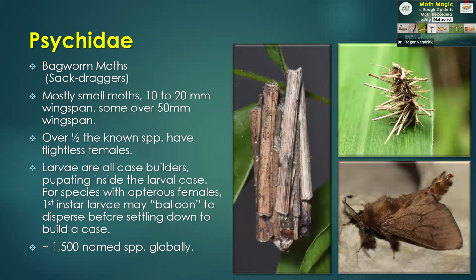Close relatives of the bagworms, the sack draggers, they make bigger cases on the whole. Some of these can get to nearly 5 or 6 centimeters long. They're an incredibly important group because they have a number of species that reproduce parthenogenically. And they make superb ecological studies.